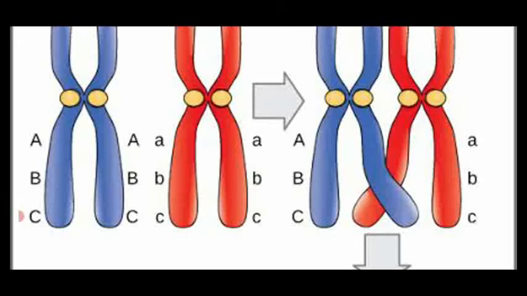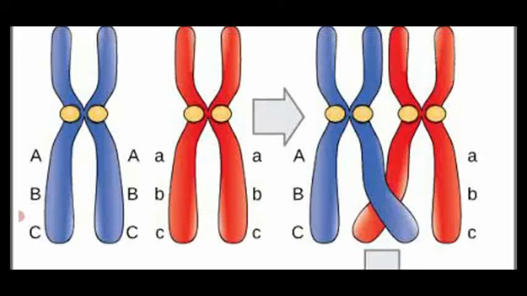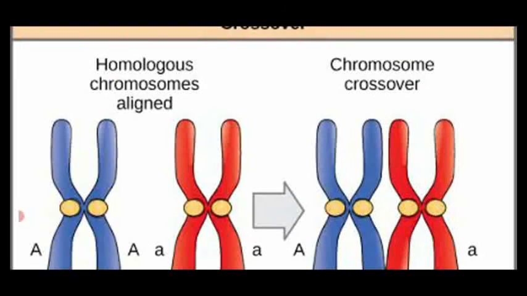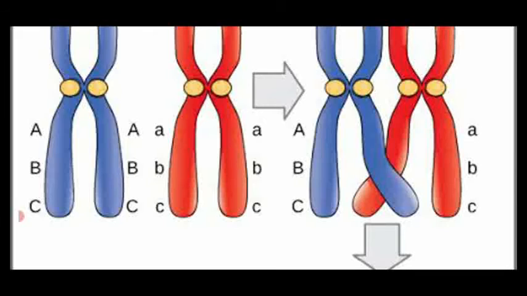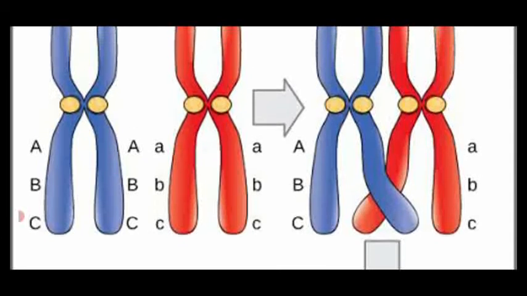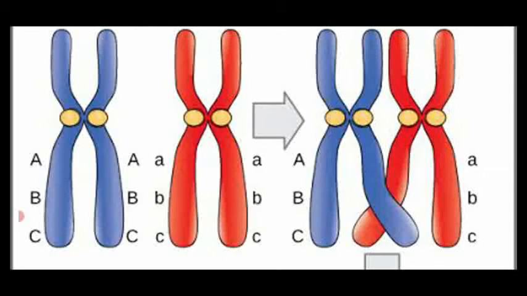So when you come to the second diagram, that is the next stage, chromosome crossing over takes place. That means the blue color chromatids are non-sister to the red color chromatids, and the red color chromatids are non-sister to the blue color chromatids. What is a chromatid? The arm of the chromosome is called a chromatid.